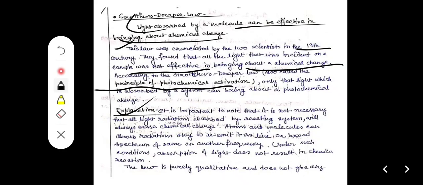It is important to note that it is not necessary that all light radiation absorbed by the reacting system will always cause chemical change. That is not so.